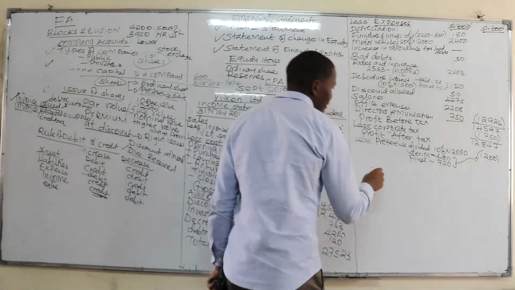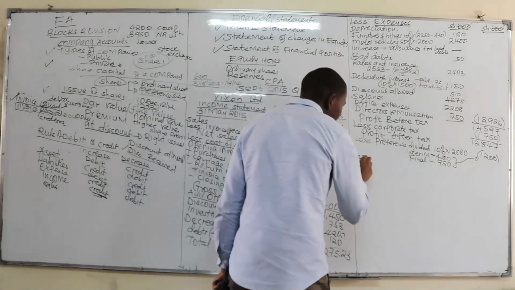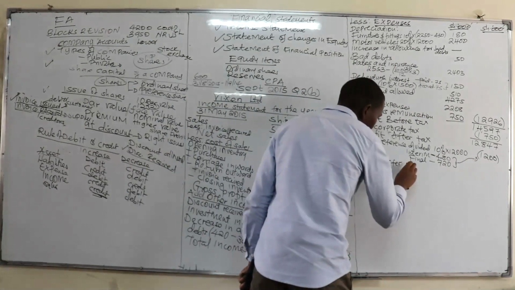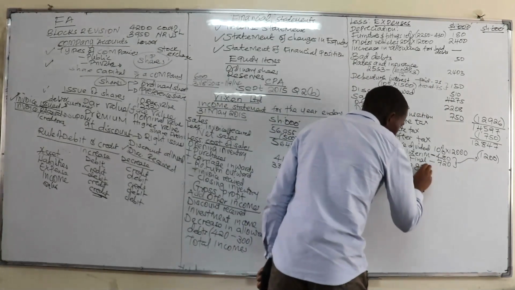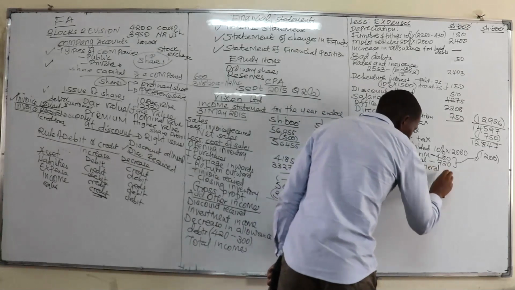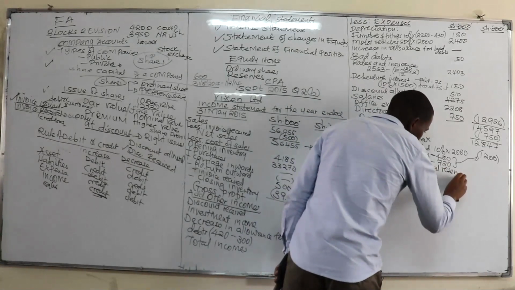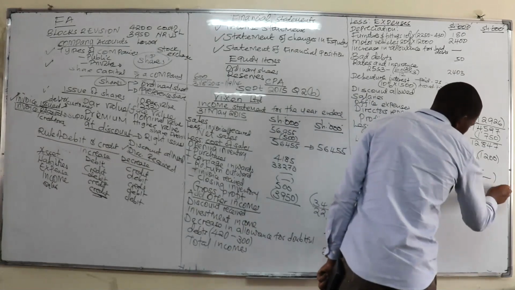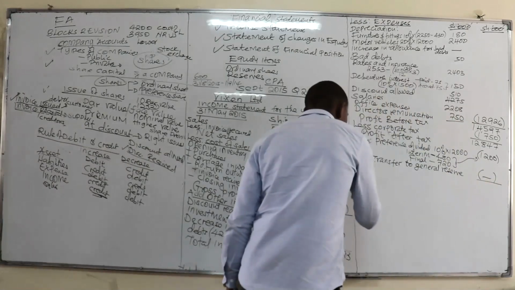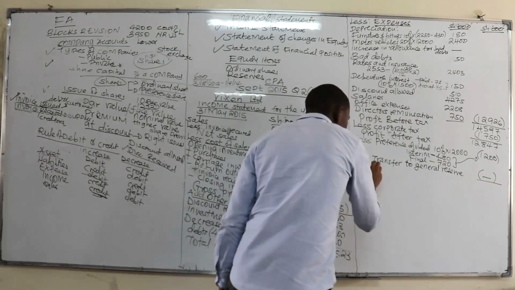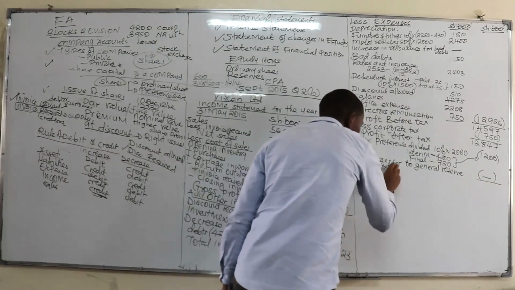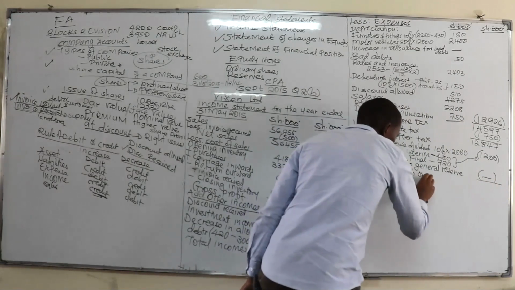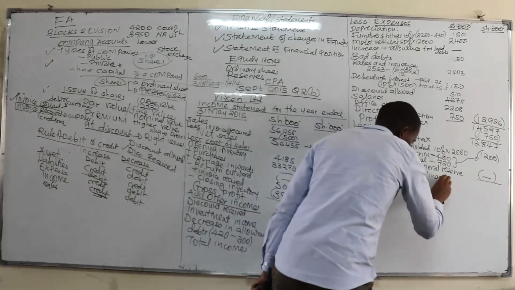And then after that, if there was a transfer to general reserve, you could transfer that amount there. And then what you get here is the profits attributable to ordinary shareholders.